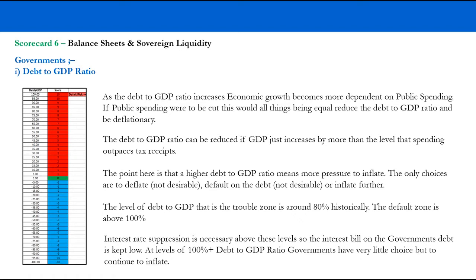And if public spending were to be cut, this would, all things being equal, reduce the debt to GDP ratio and be deflationary. The debt to GDP ratio can be reduced if GDP increases by more than the level of spending outpaces tax receipts. So that's a very important thing to note.